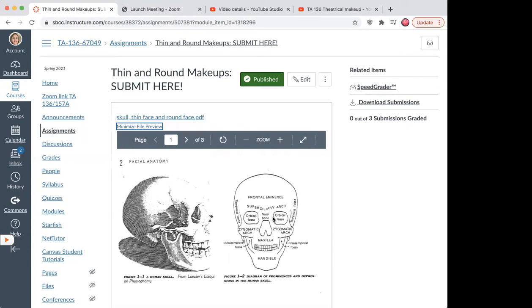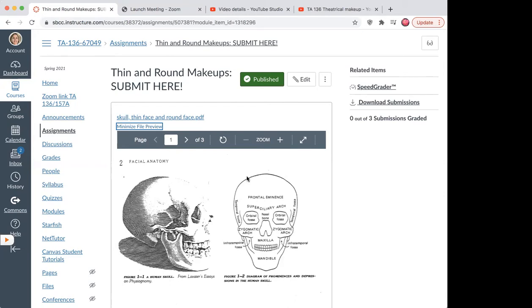The orbital fossa, the zygomatic arch, the temporal fossa, the zygomatic arch, which is the cheekbone, the infratemporal fossa, which is underneath the cheekbone where you can actually touch the back teeth, the maxilla, which is the top of the jaw above the teeth and does not move. Only the mandible, the lower jaw, moves, and this is your hinge point.